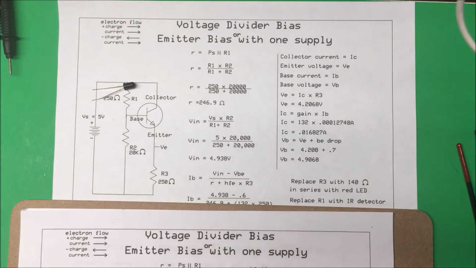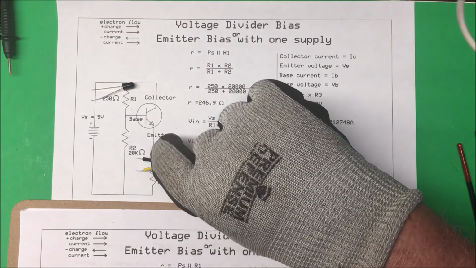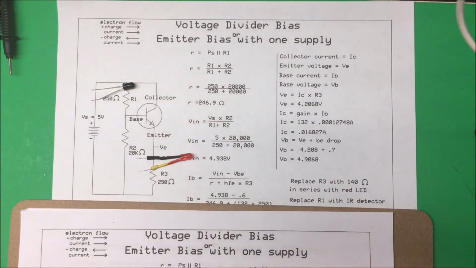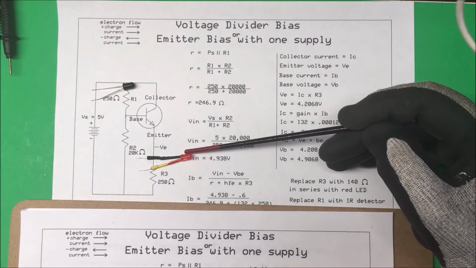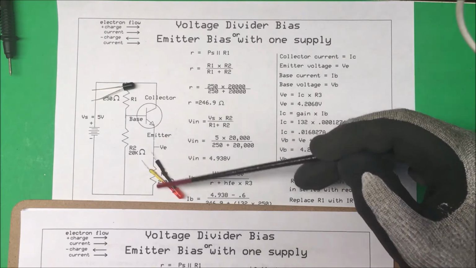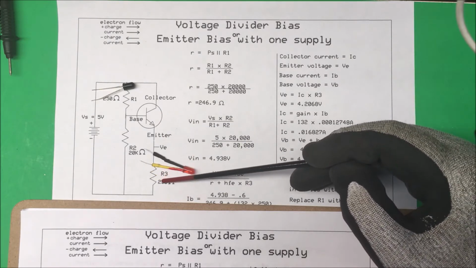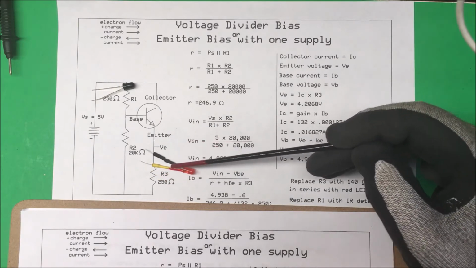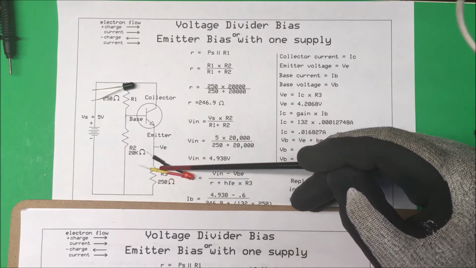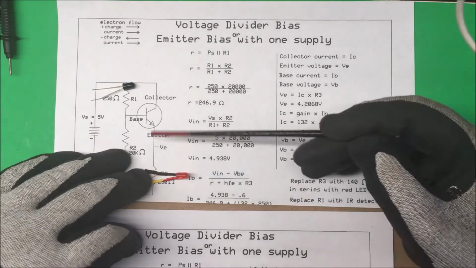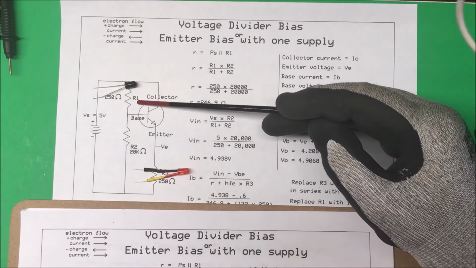Now on the emitter over here, I'm going to put an LED in there with, I think, about 140 ohms on that. What I'm trying to do there is get the same current for the emitter bias here. So it should be around 16 milliamps. So this is going to replace this 250 ohm resistor here, and this one's going to replace this resistor up here.